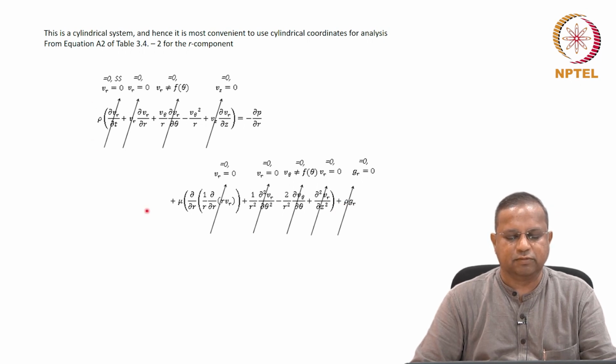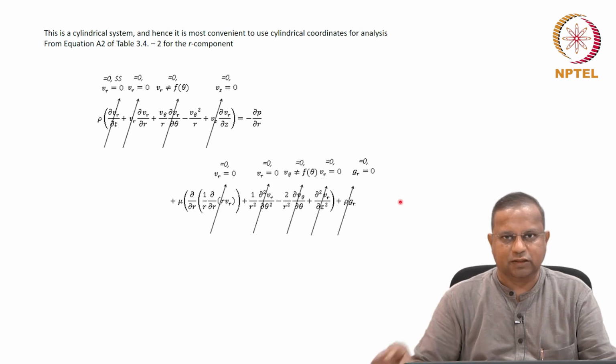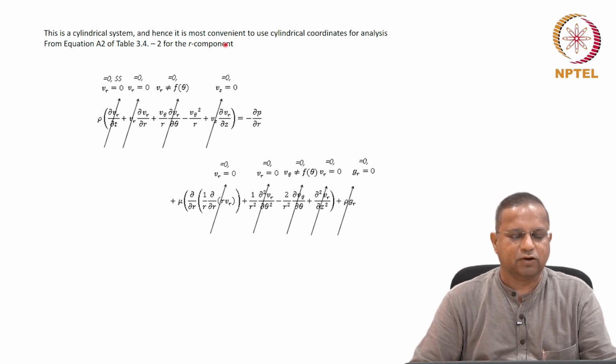So this is the momentum balance equation for the R component in the cylindrical coordinate system.